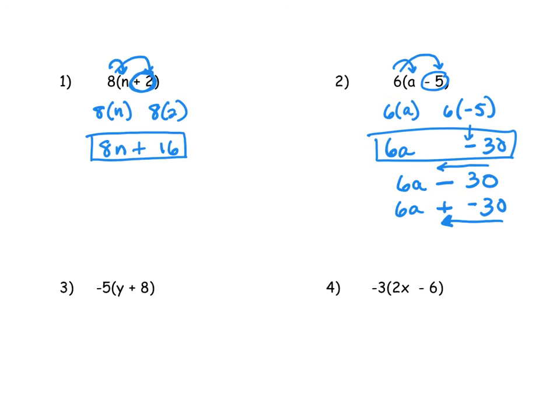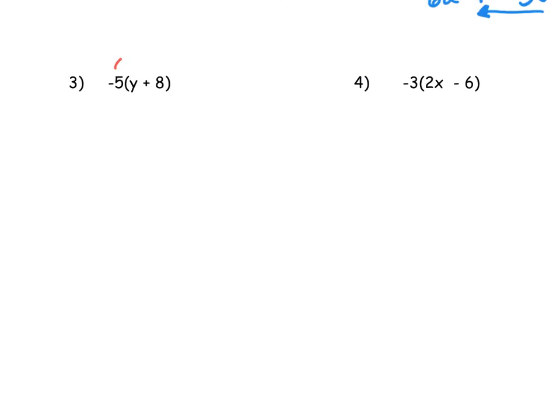So now let's go on to number 3. We'd start the process the same every time by taking the outside number, multiplying the first term inside, and we go back to the outside number and multiply the second term inside.